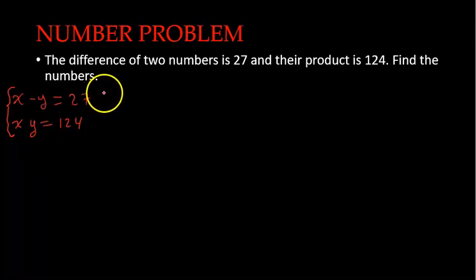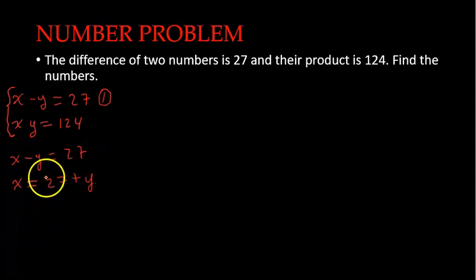So I'm going to use the first equation to isolate one of the variables. Here I have x minus y equals 27. I'm going to isolate the variable x. In this case, x equals 27 plus y. And I'm going to substitute this expression in the second equation.